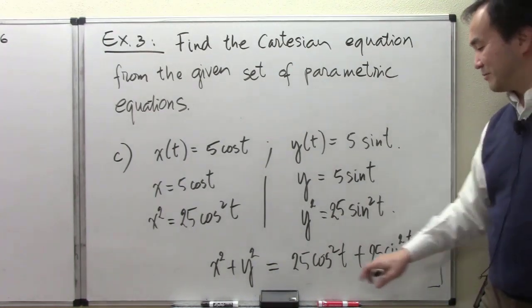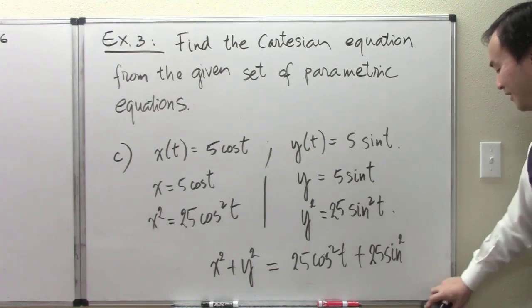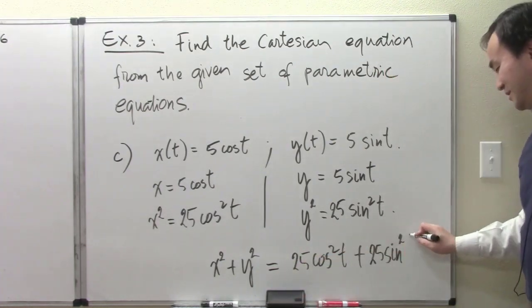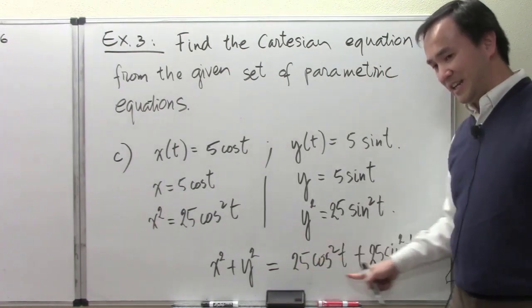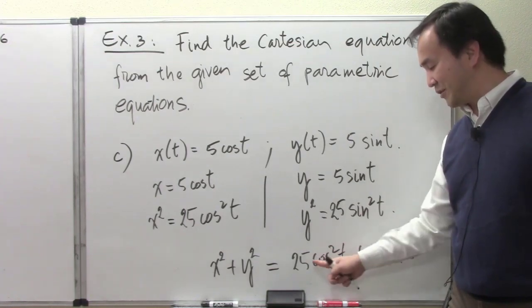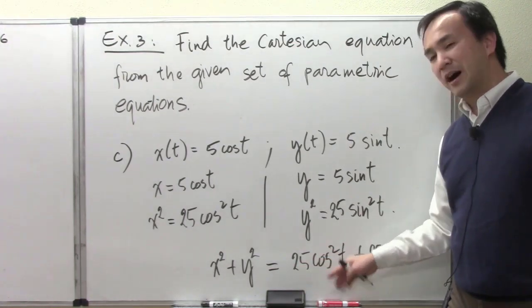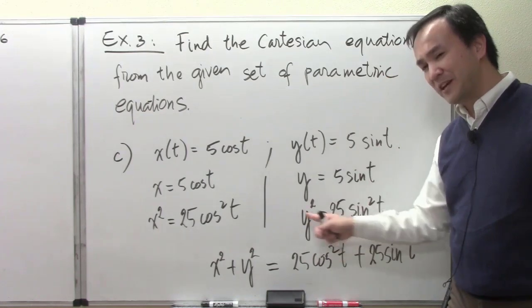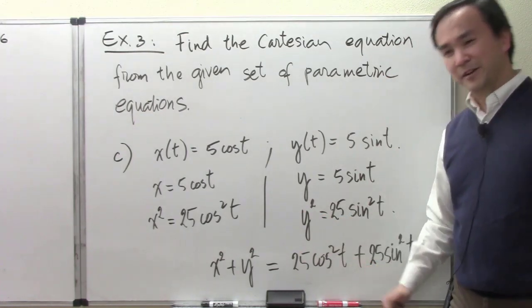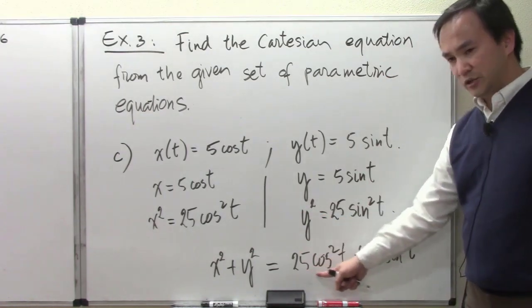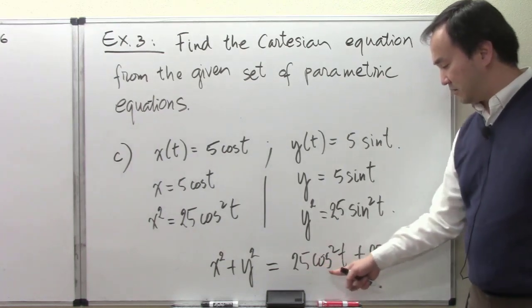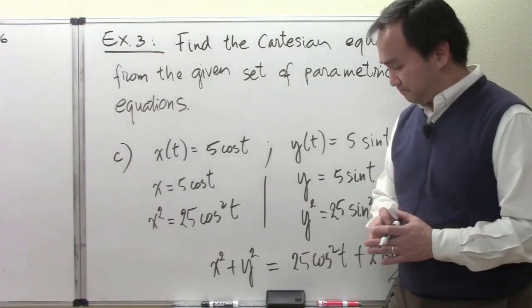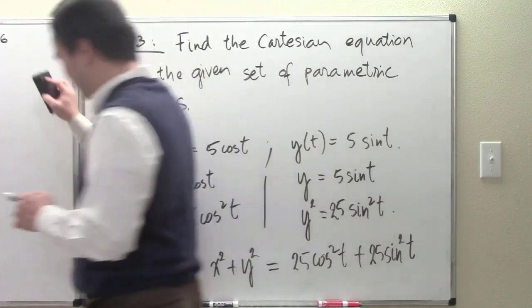Of course it seems ridiculous that I'm asking the online public viewers on this, but what I mean is when it gets to this point, I want to trigger some of your memory about some famous trigonometry identity right here. We have a common factor of 25.